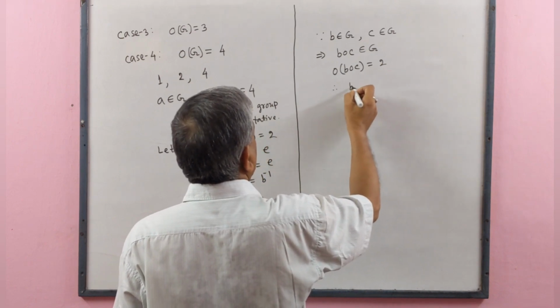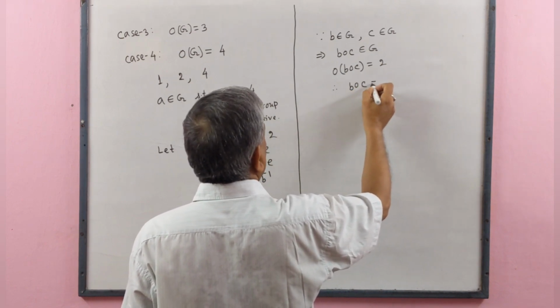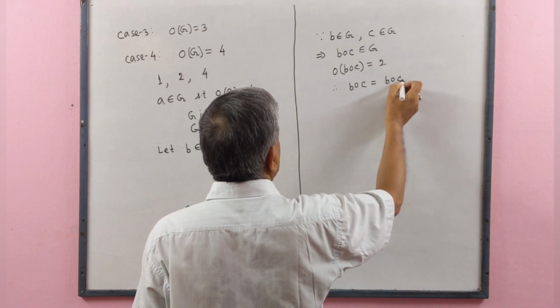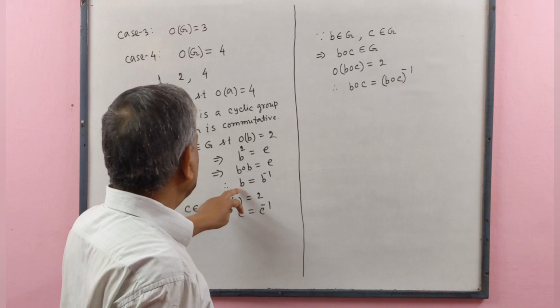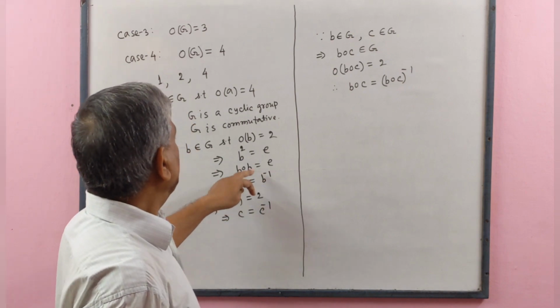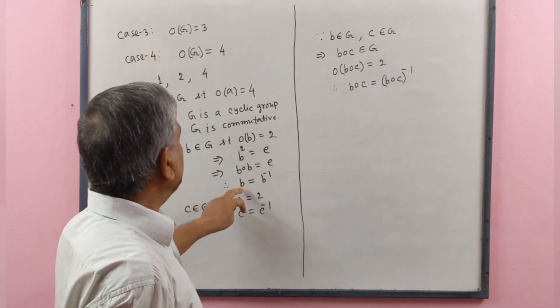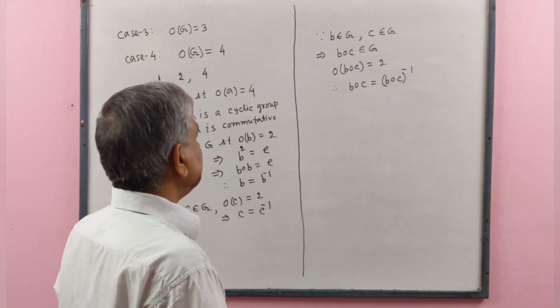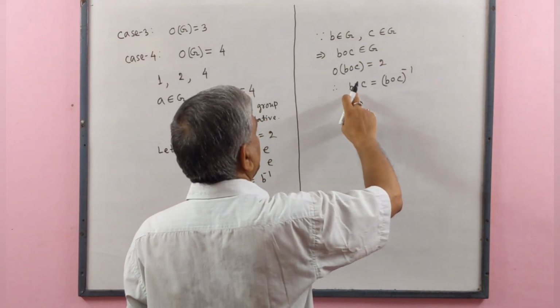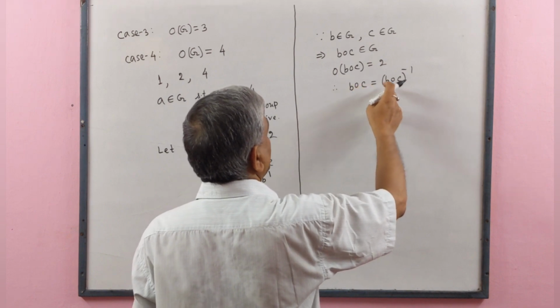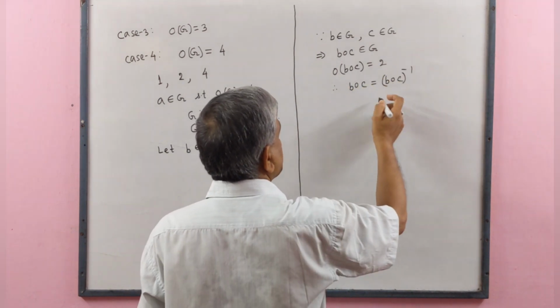Therefore, order of b operation c equal to 2, then b operation c equal to b operation c whole inverse.